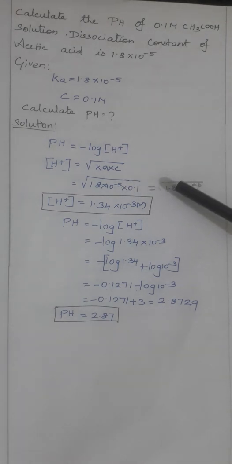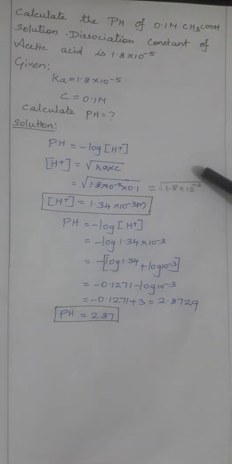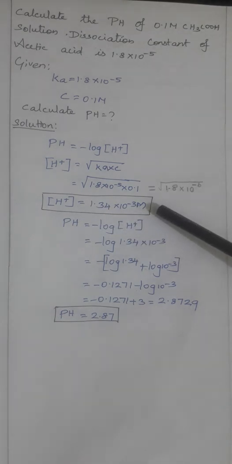Root of 1.8 is 1.34. Root of 10 power minus 6 is 10 power minus 3, which is half of the exponent. The H plus ion concentration is calculated: 1.34 into 10 power minus 3 molar.